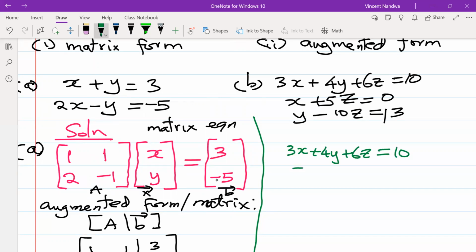Next, we have x. Now, the second equation has no y, but you force it there by making the coefficient of that missing variable 0, and then plus 5z equals 0. The third equation has no x. You force it there by making its coefficient 0, plus y minus 10z equals 13.